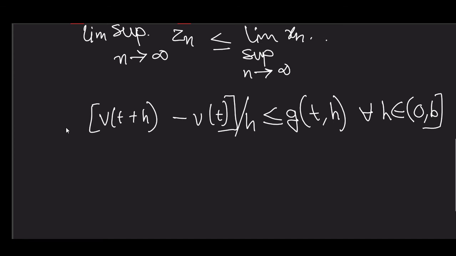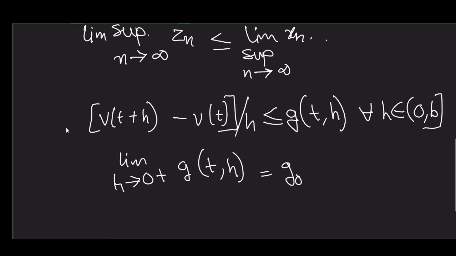So basically here you can have 0 plus, obviously, because you are considering the right side of 0, and then what you will get.